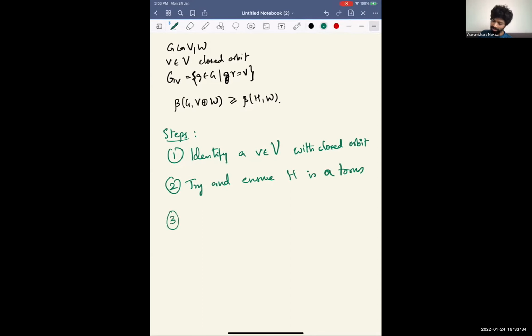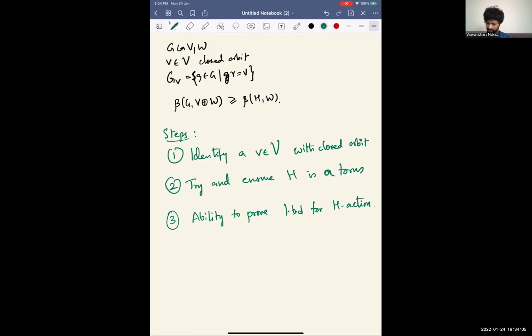And the third thing is it's got to be weird enough that I'm able to prove a lower bound for the H action. If it's a simplistic torus action, you won't get a big lower bound. So the torus action has to be sufficiently twisted so that you actually end up with a large lower bound. So that's one challenge: to pull out an H that has a sufficiently twisted action.